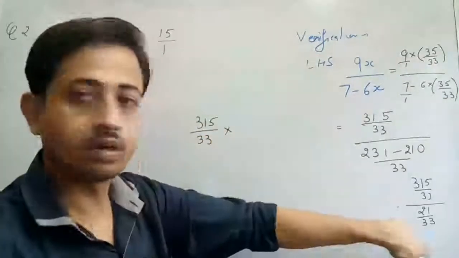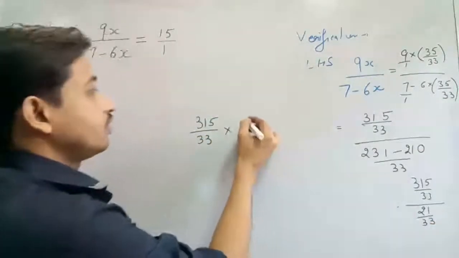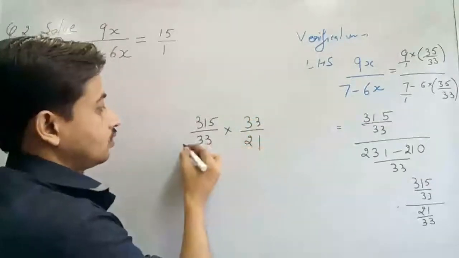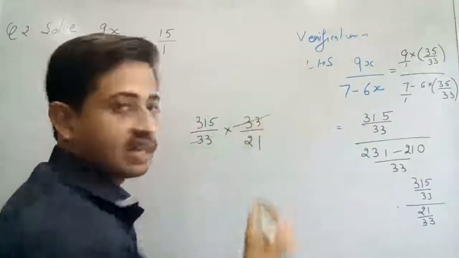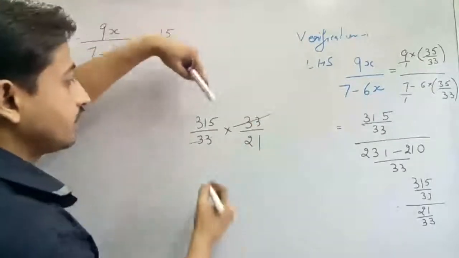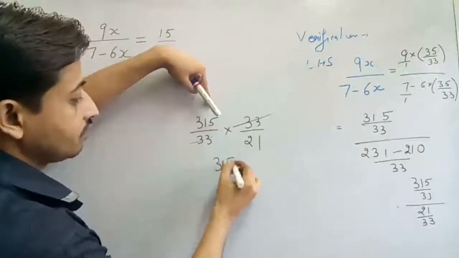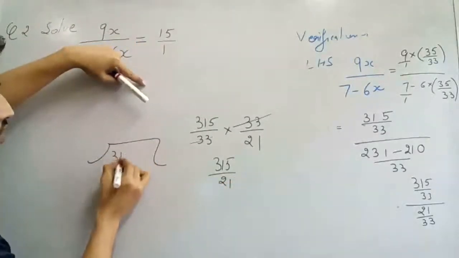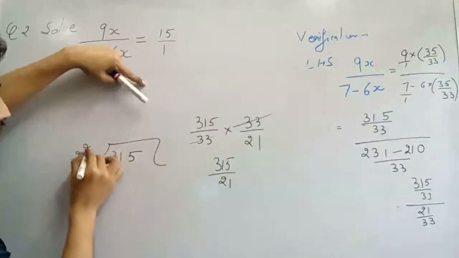We have to do reciprocal. So what we will get? We get 33 divided by 21. Now 33 is cancelled out with 33. Now what we will get? We get 315 divided by 21. Now divide it. 315 is divided by 21.